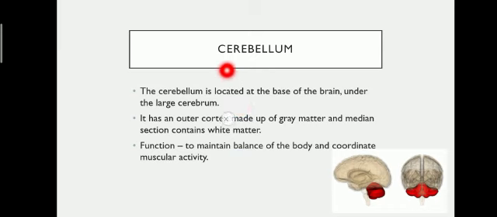Now we'll be talking about cerebellum. Cerebellum is located just at the base of the brain. If you can see here, the location of cerebellum is under the large cerebrum. It has an outer cortex made up of gray matter and a median section consisting of white matter. What is the function of cerebellum? To maintain the balance of the body and coordinate muscular activities.